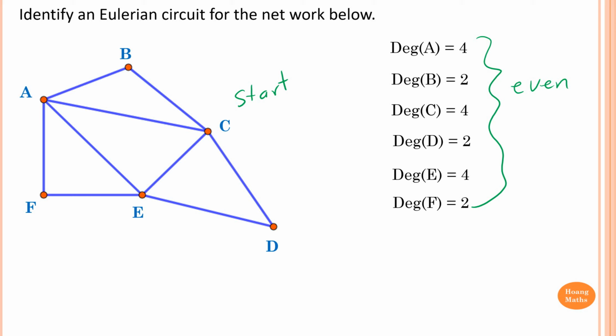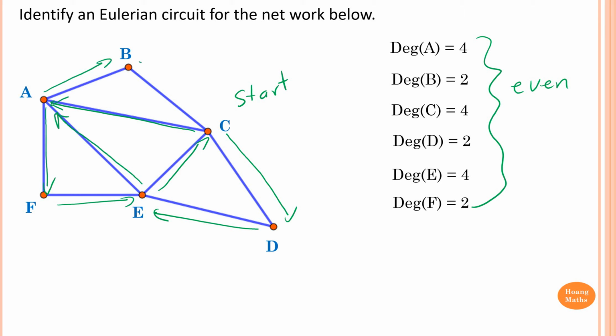We travel from C to D, from D to E, and E to C, and C to I. And from I, we can go to F, from F to E, from E to I, and from I to B. Finally, from B, you travel back to C. So I end here as well. I start and end at C, and I visit every edge only once. So this is an Eulerian circuit.